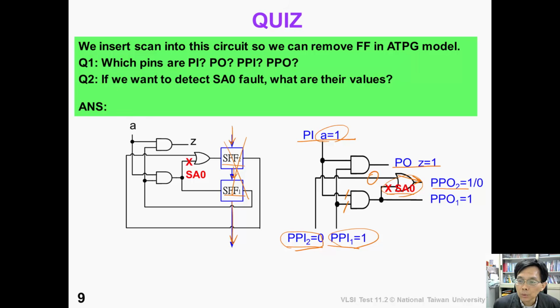At PPO number 2, we can now observe 1/0 here. In this way, we can detect the fault. So now we only work on this combinational circuit model, which is much easier than sequential circuits.